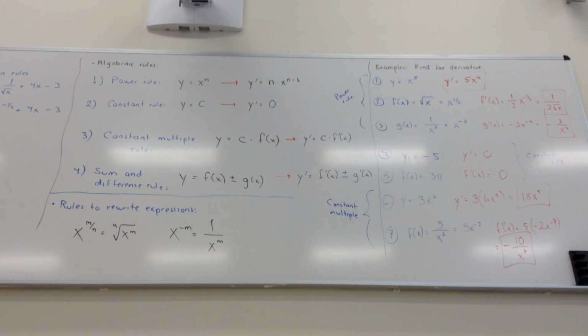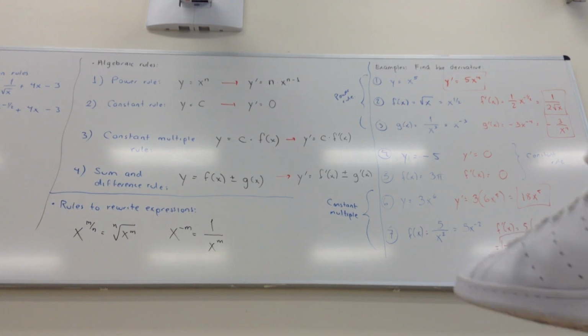F prime of x. Derivative of this: 5 times 3x squared. If you're that good and want to simplify from the beginning and say that it's 15x squared, it's fine.